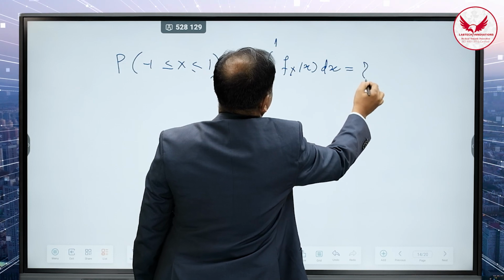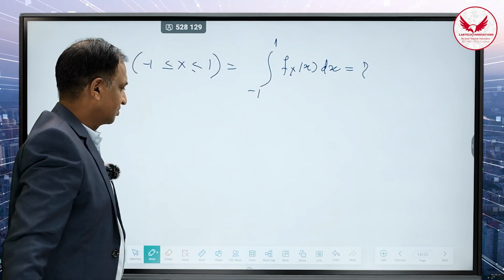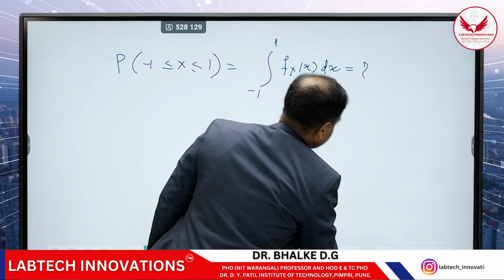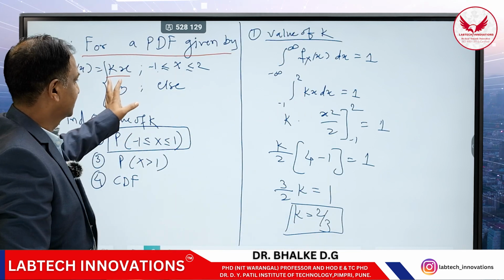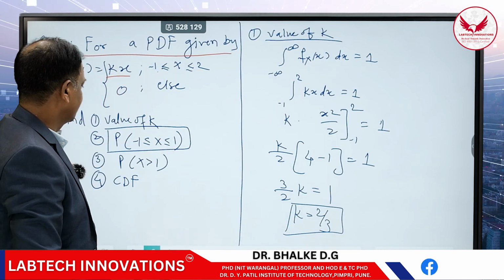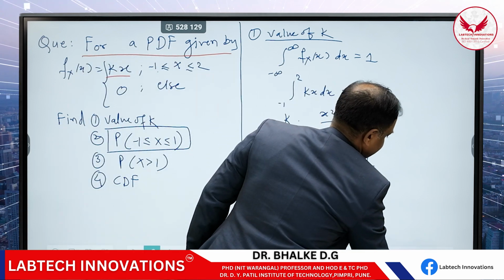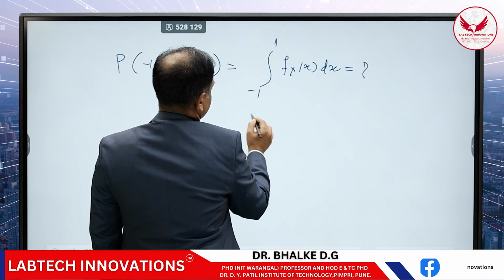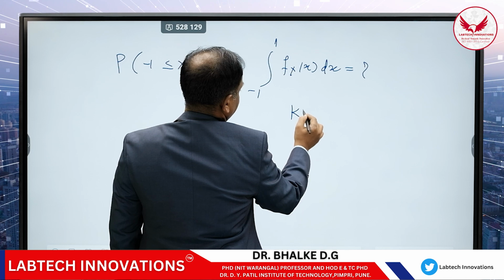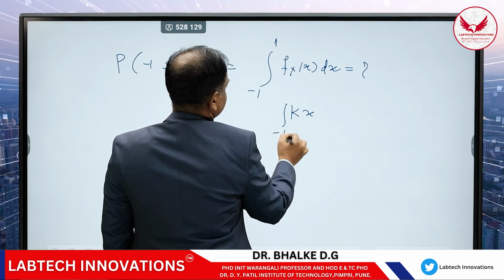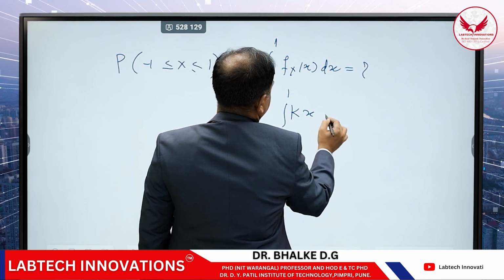So this is equal to the probability, and we know that fx is kx, where k is equal to 2 by 3. I will substitute, so this is equal to the integral of kx from -1 to 1 into dx.